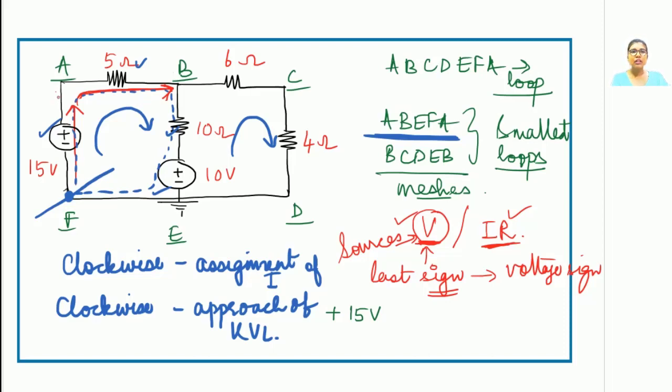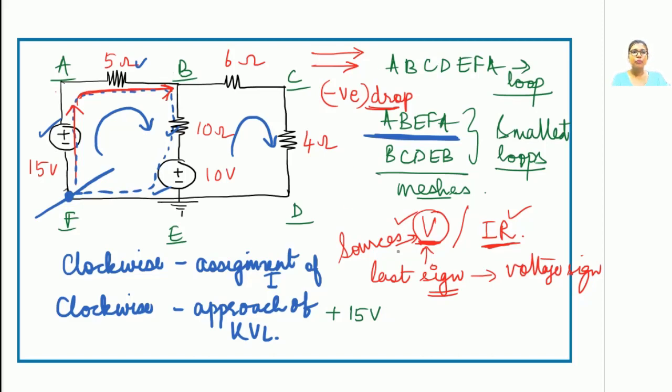I am repeating this again. The KVL equations are being written from point A to B, that is from left to right, and the current flowing through this branch is also from A to B. When both are in the same direction, we consider that to be a negative drop. So what will be your second term?